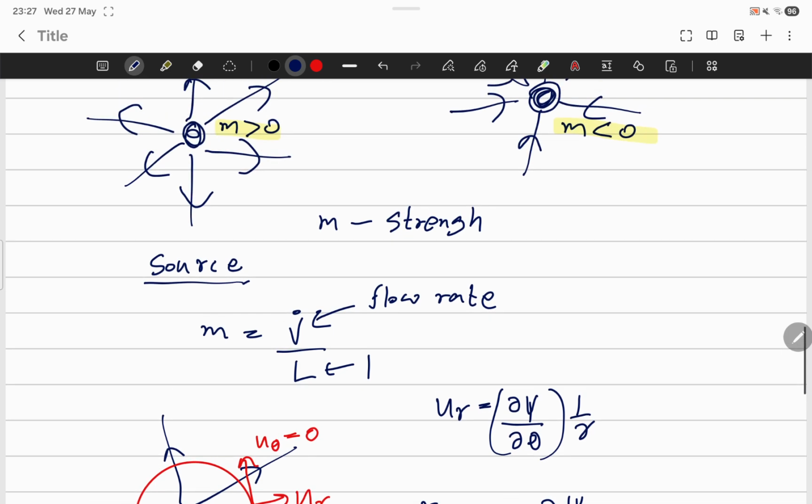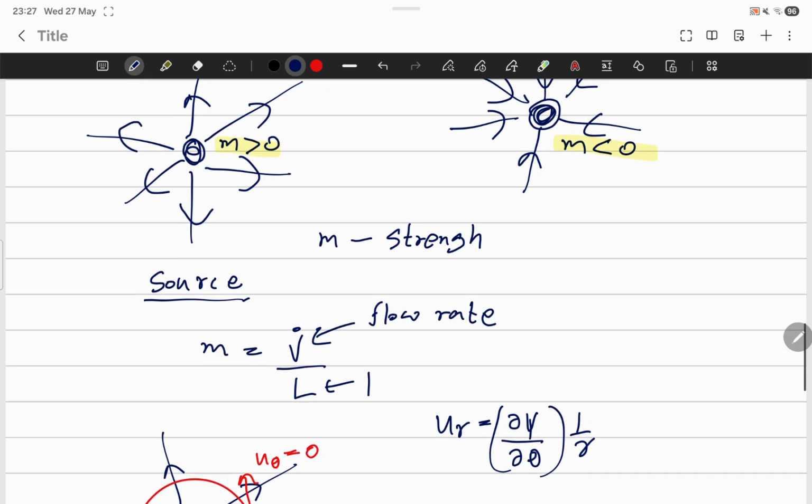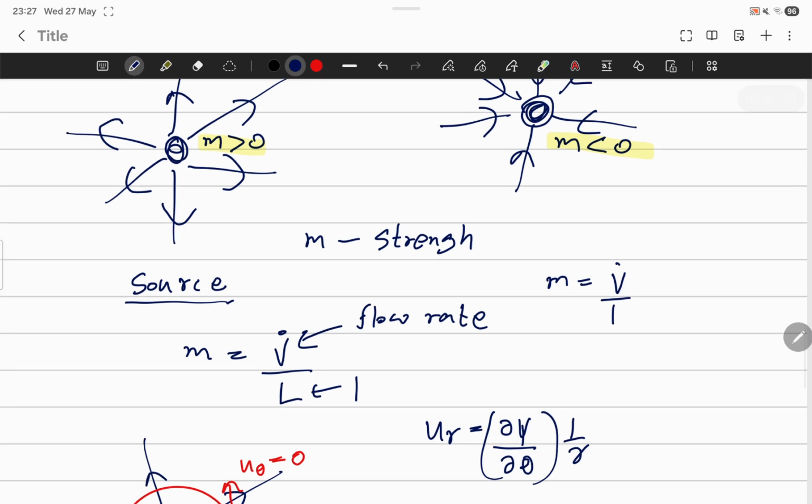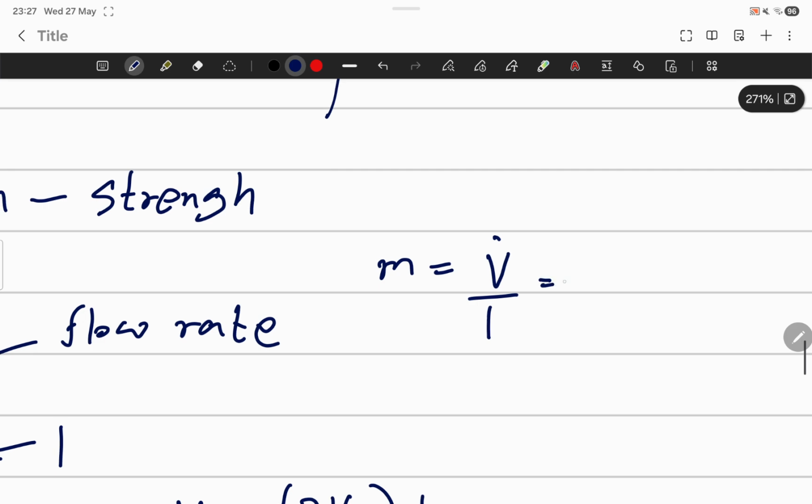So let's consider the strength. m is flow rate over 1, right? So this is simply area times velocity, which is u r over L.